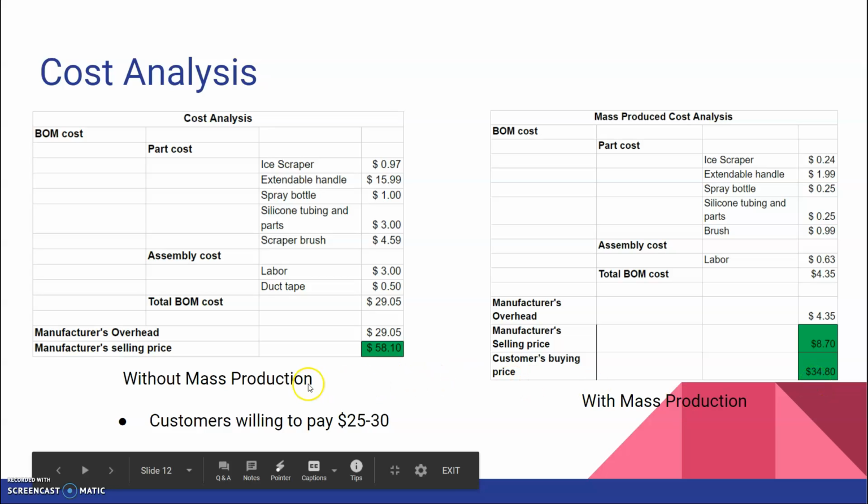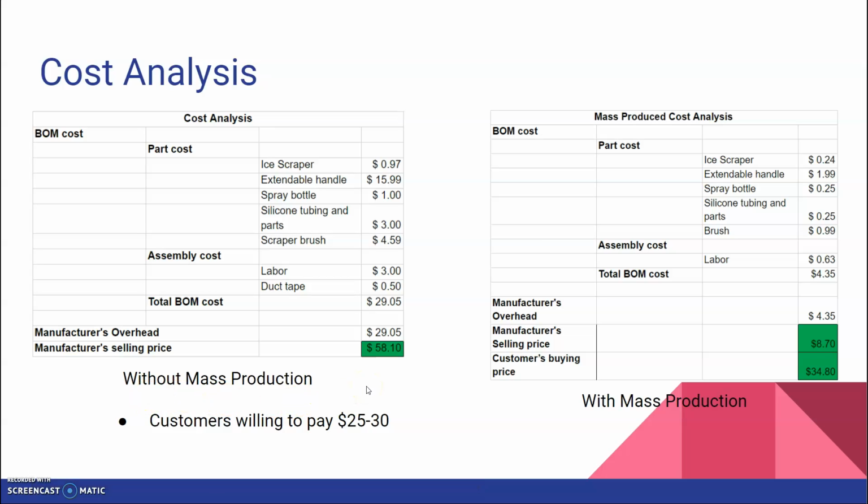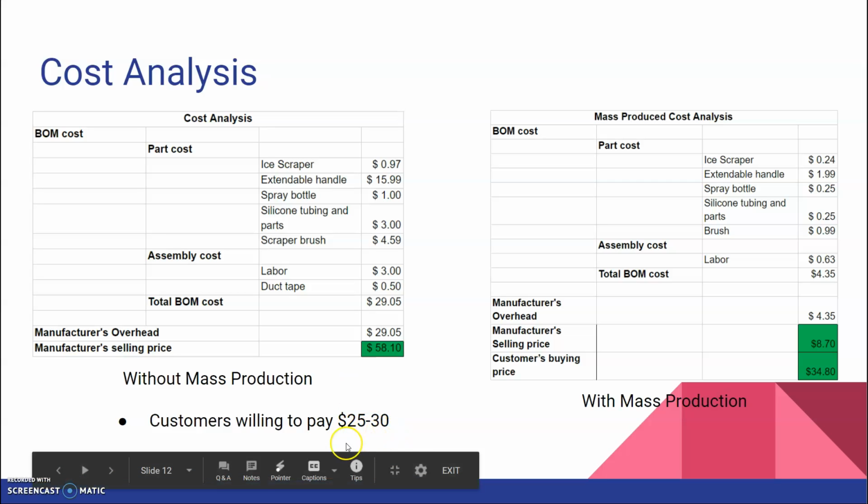And when we had been doing personal interviews with customers to try to establish a price range for the final product, it seemed like customers were willing to pay somewhere around $25 to $30. So this estimate is fairly close to the desired market value.